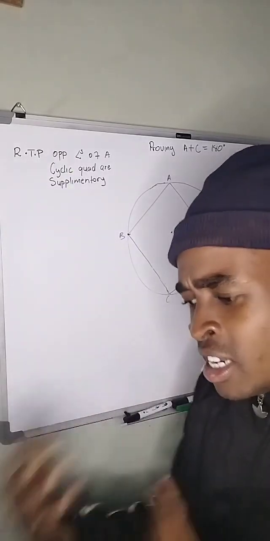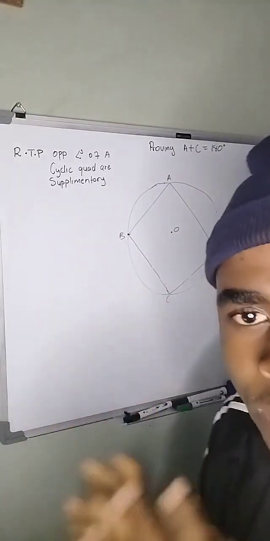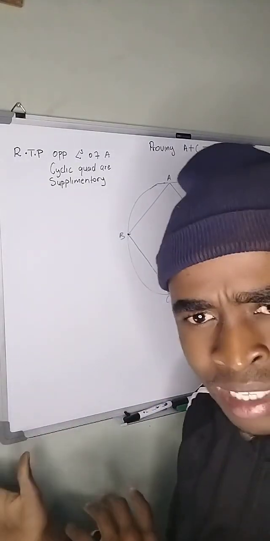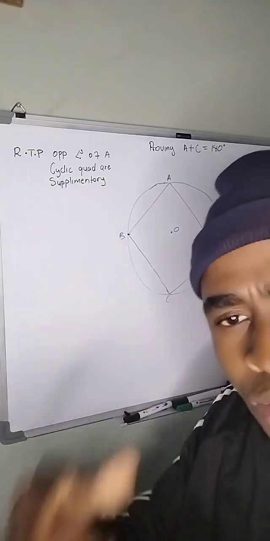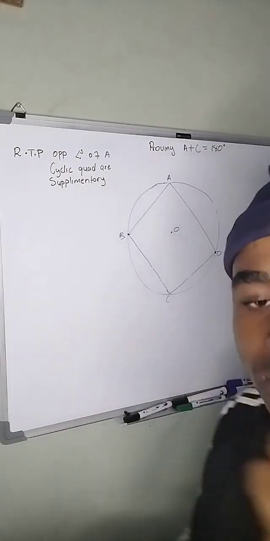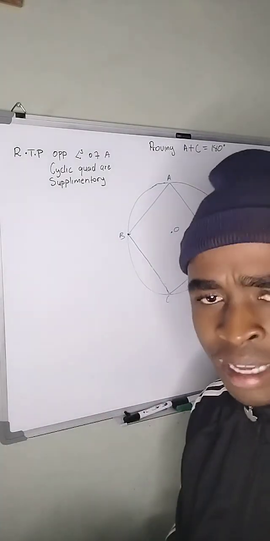In an exam, the way they structure the question paper, they will just say prove that opposite angles of a cyclic quadrilateral are supplementary, or prove the theorem which states that opposite angles of a cyclic quadrilateral are supplementary.